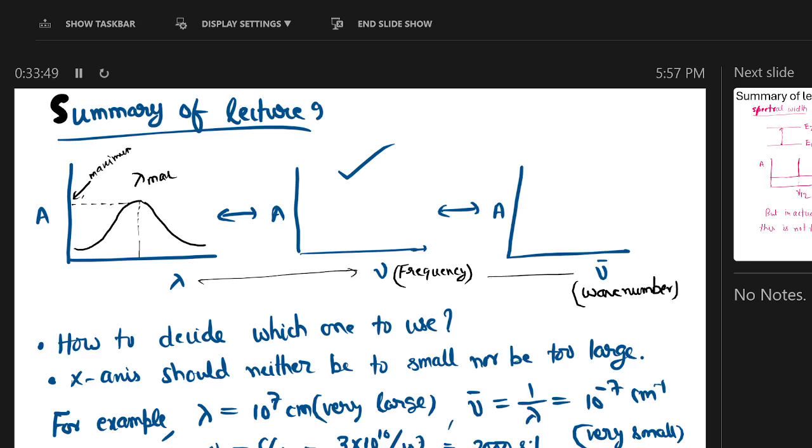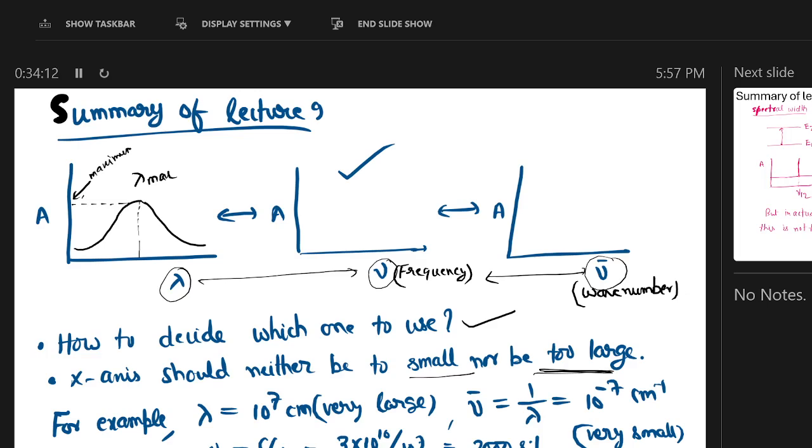Okay. So the next question will come, how to decide which one to use. The x-axis, that is lambda or nu bar, should neither be too small nor too large. What is the meaning of this? Let's try to understand this with the help of a numerical.